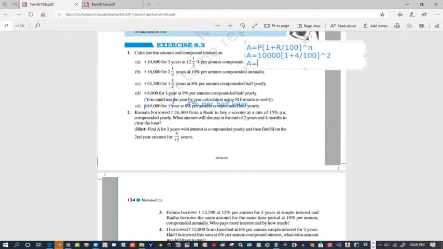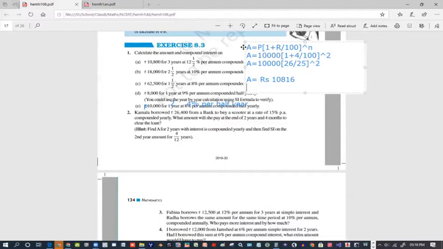A equals to, see again, 1 plus 4 by 25. We have already done this in C. So 10,000 bracket 26 by 25 to the power 2. A equals to rupees 10,816. So this is the amount.